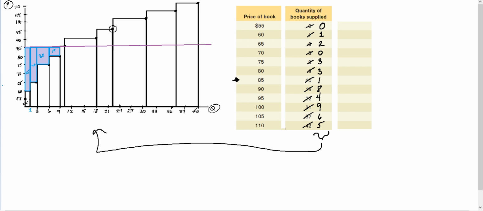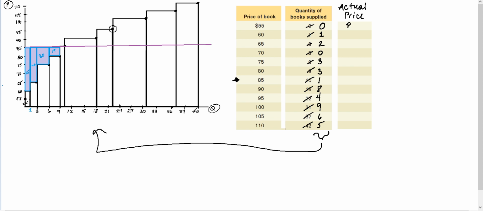So now with this new column that I've created, I'm going to just list the actual price sold. And the actual price is the equilibrium price of $85. And that's all the way down. And now I've created a new column where I'm going to calculate the producer surplus.